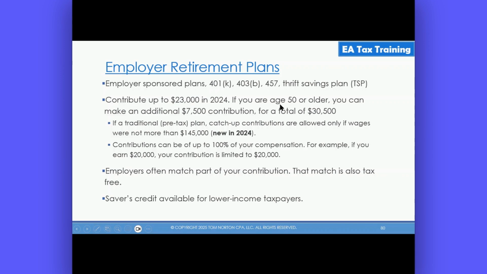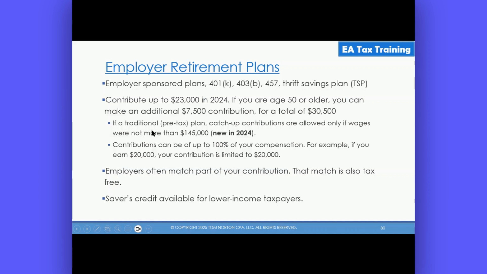If you are age 50 or older, you can make an additional $7,500 contribution for a total of $30,500. So those are those catch-up contributions like we have with the IRA, except with the IRA, it's only $1,000. With these plans, it's $7,500. So you will want to know those amounts for the exam.